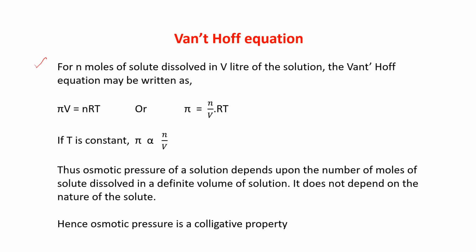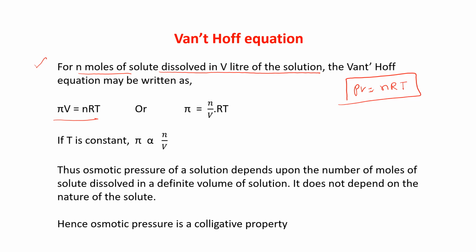Now for n moles of solute dissolved in V liters of the solution, the Van't Hoff equation may be written as pi V is equal to nRT, like PV is equal to nRT for n moles of the gas. We know this formula for gas. Similarly, pi V is equal to nRT if n moles of solute dissolve in V liter of solution.